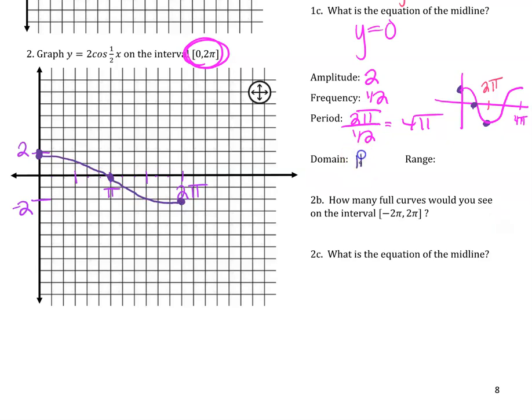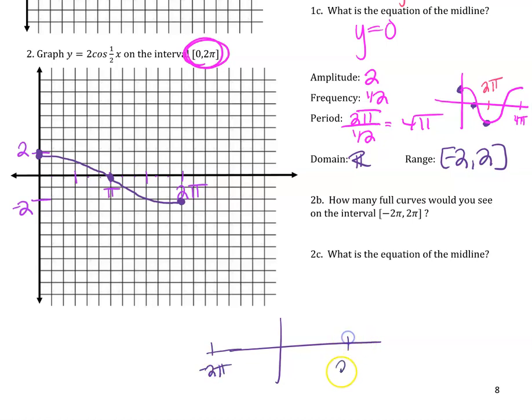Our domain is all reals. If this were continuing on forever, our range would be -2 to 2. Now, if we were to look over the interval of -2 pi to 2 pi, how many cycles would we expect to see? Let me graph this down here. This is where -2 pi would be, and this is where 2 pi would be. Each is 2 pi units away from 0, so this is a total of 4 pi units.